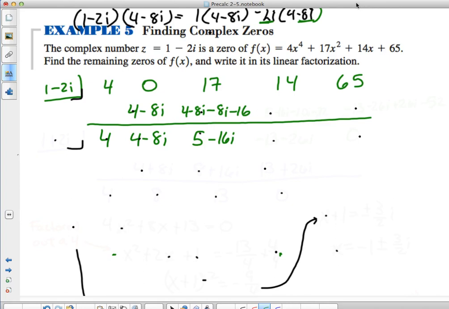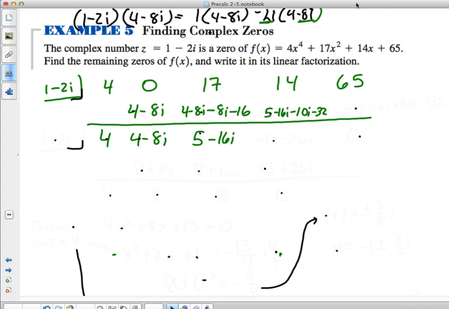Are you okay with that? I knew there was something there, and that's okay. I want you to clarify those as we go through. So I've got an I squared, which is negative 1. That's where my negative 16 is coming from. Are there any other questions? Okay, so now I get that negative 12 plus 17 is 5, and negative 8 and negative 8 is negative 16i. Now I go back and do the exact same thing on this next one.